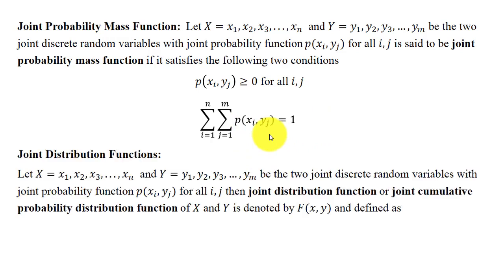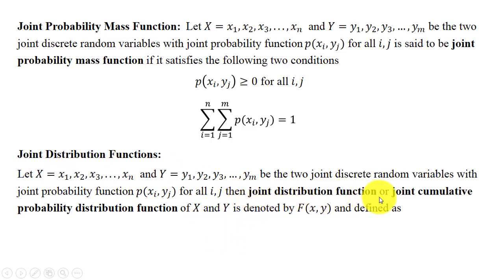Then the joint distribution function. Already we have seen for a single random variable what the distribution function is. So in the case of two random variables x and y, what is the joint distribution function? Consider x and y as two discrete random variables.